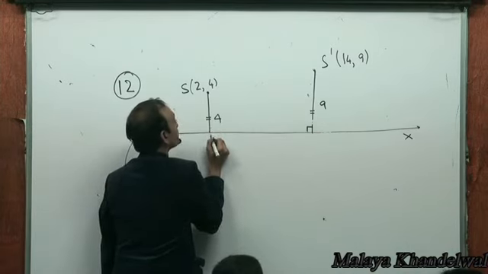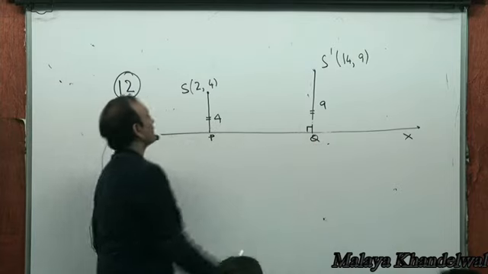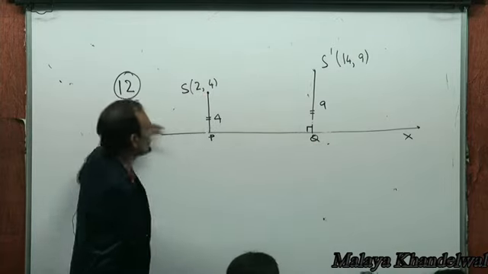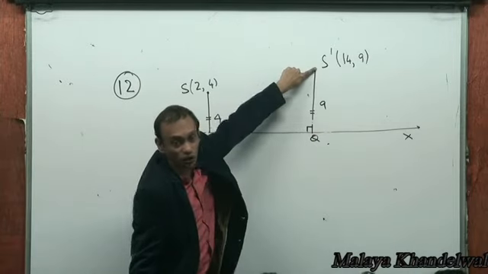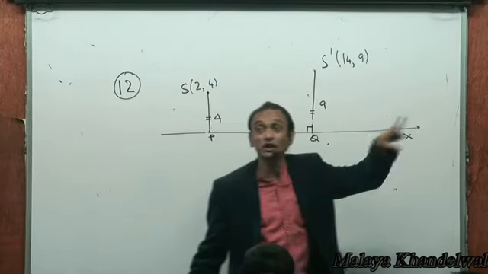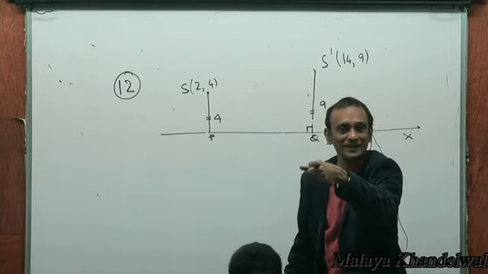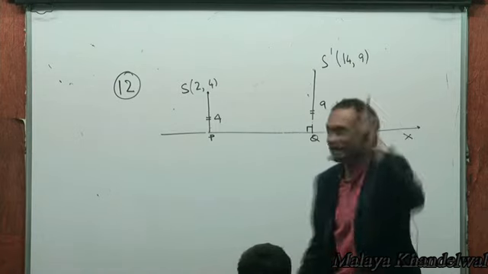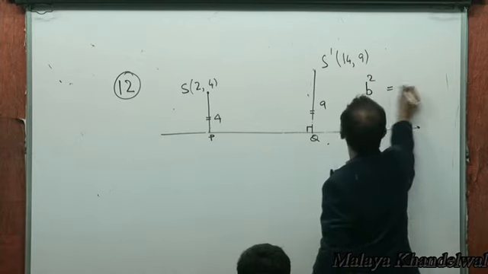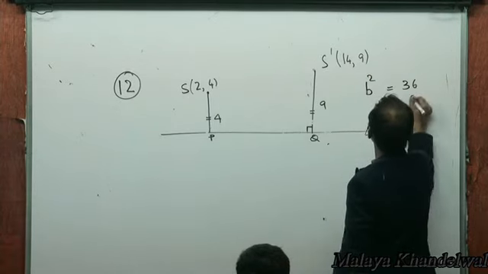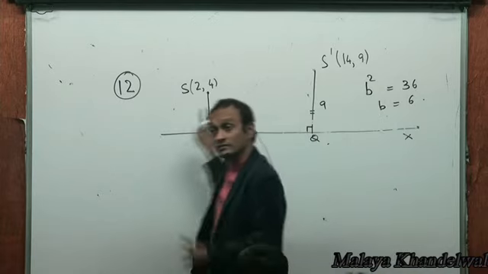If this is P and Q, then this is the perpendicular from this focus onto this tangent, and this is the perpendicular distance from the other focus onto the same tangent, and the product of these perpendiculars must be b squared, the square of the semi-minor axis. So we know b squared right away. b squared therefore is 36, b is therefore 6. b squared is 4 into 9.